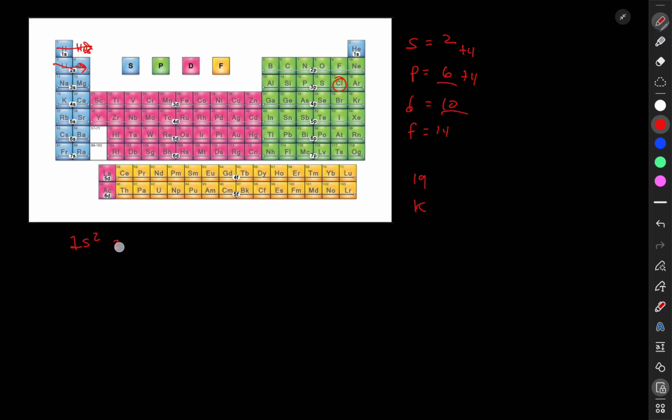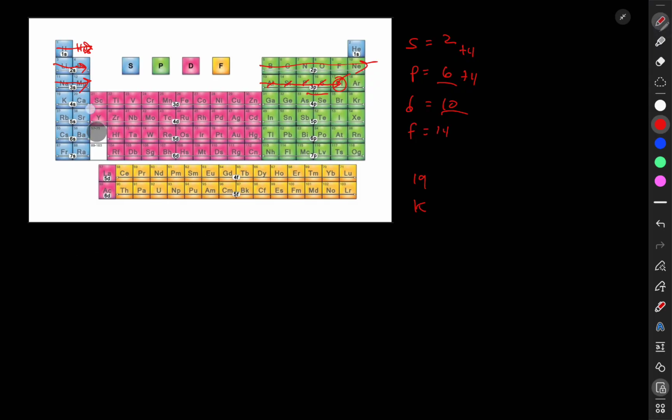And then we got the 2S, it's filled up. And then the 2P is filled up. And then the 3S is filled up. And then we're in the 3P, but we have 1, 2, 3, 4, 5. So it's 5. So this is Cl17 for the chlorine.